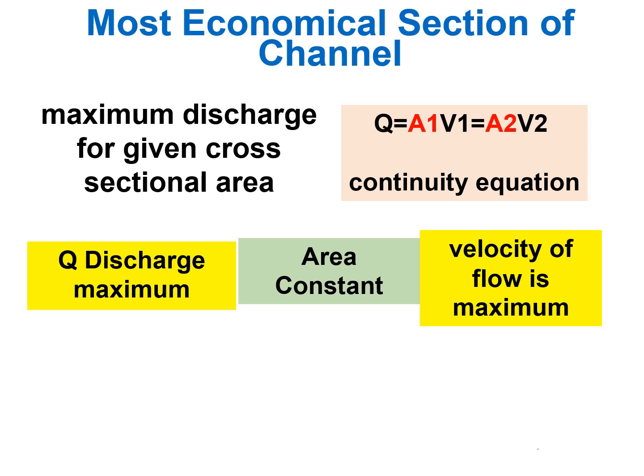When we have a long stretch of open channel with the same cross-section, A1 and A2 are going to be constant. So the maximum discharge can be attained only when the velocity of the flow is maximum.